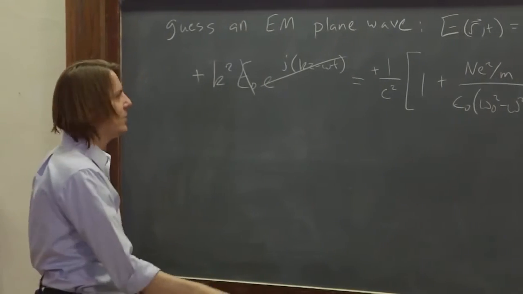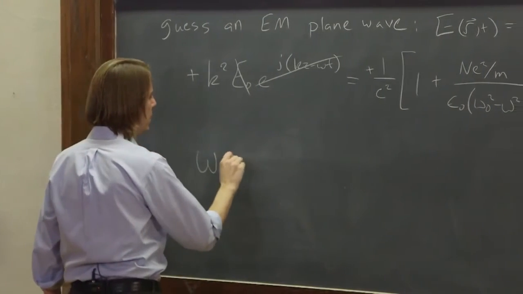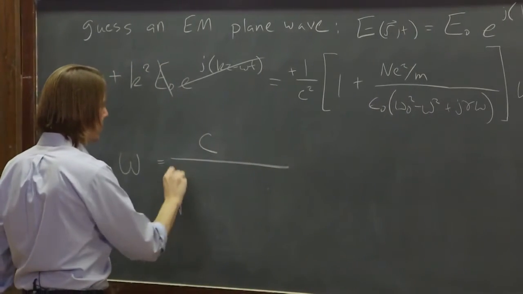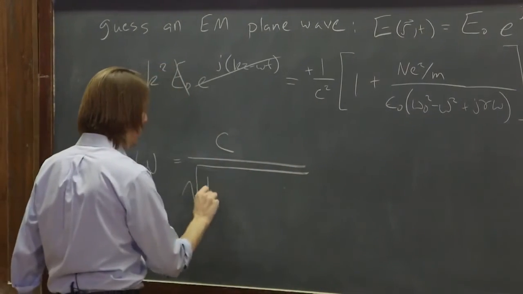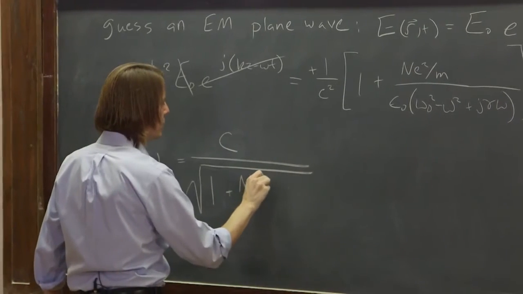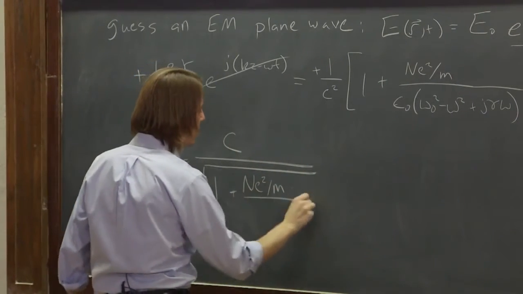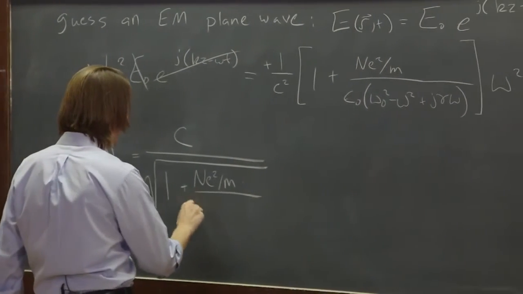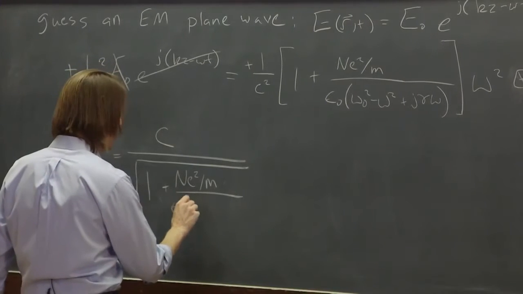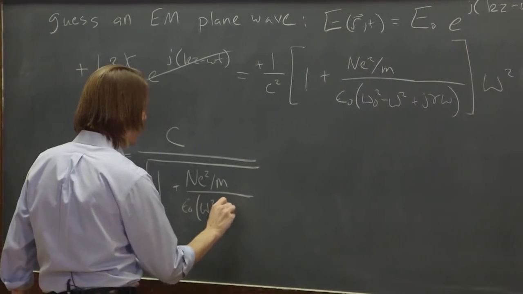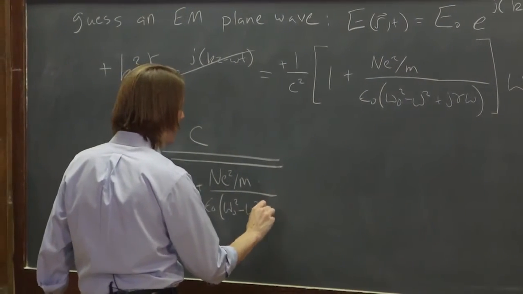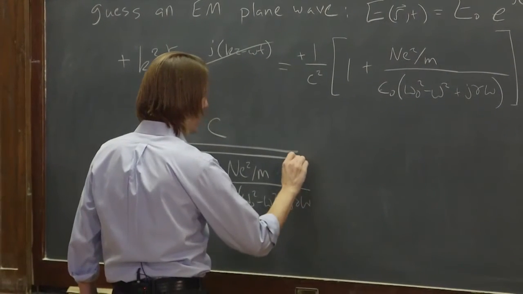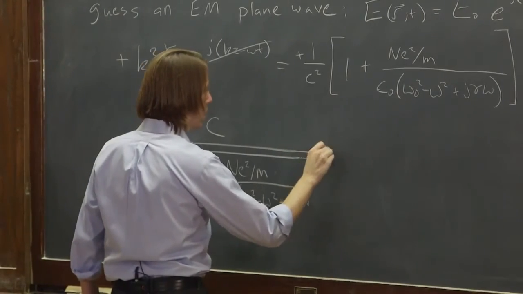So we take the square root: ω equals c over the square root of 1 plus ne² over the mass of the electron over ε naught times ω naught squared minus ω squared plus jγω, times k.